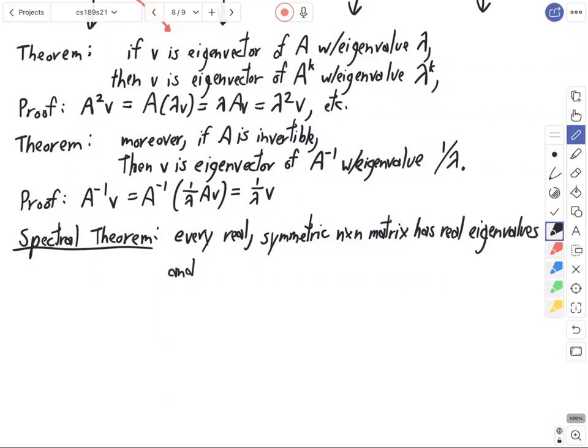And it has at least n eigenvectors that are mutually orthogonal to each other.